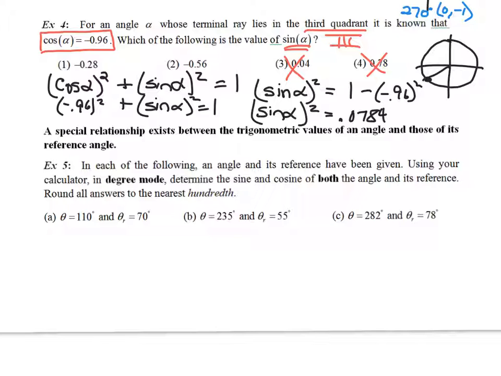Now normally we would take the square root of both sides, and we would take the positive and negative square root on the right side. We know that our answer has to turn out negative because we talked before about how it has to be in quadrant number 3. So I'm going to take the negative square root on my calculator, and I got negative 0.28. So check your work with mine on your calculator.